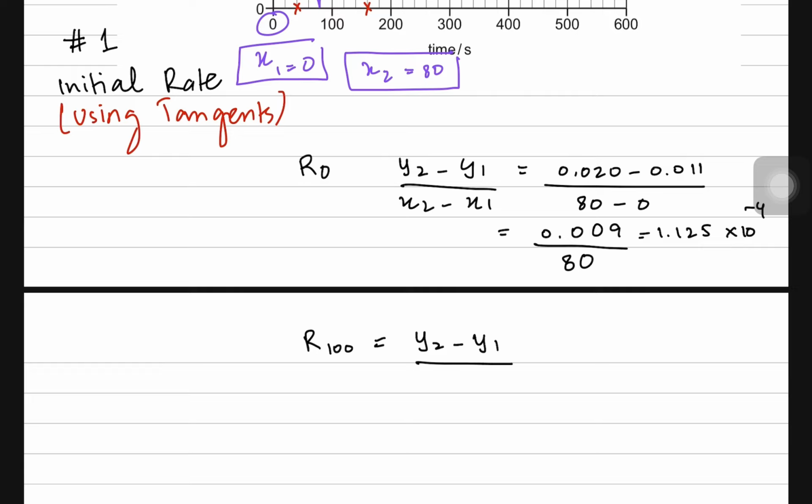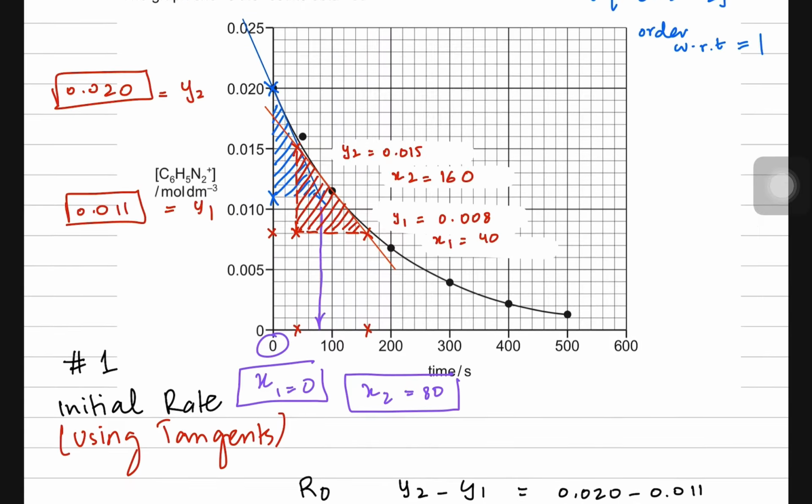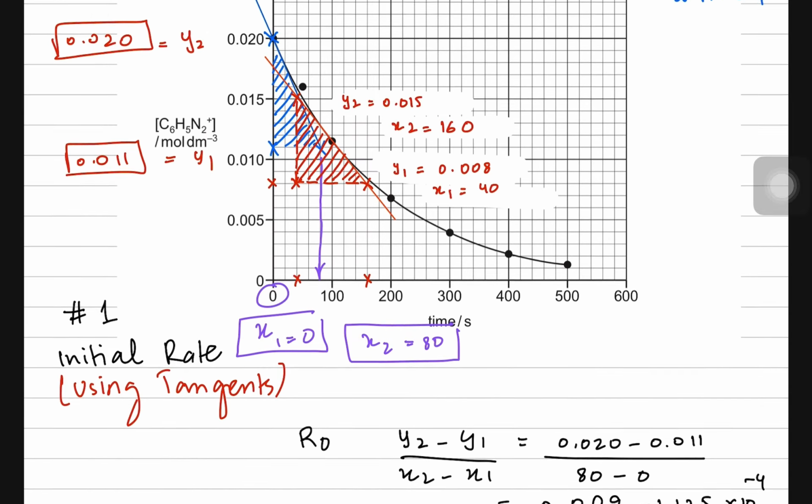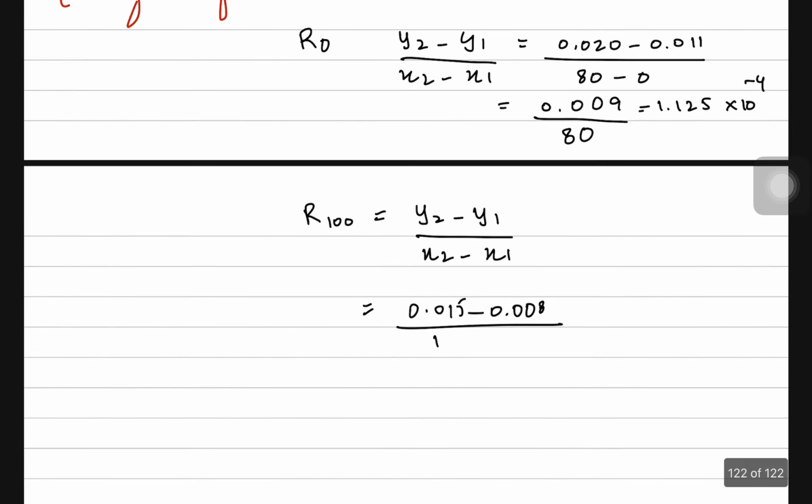So at the 100th second, the rate was equal to y2 minus y1 over x2 minus x1, which is 0.015 minus 0.008 divided by 160 minus 40.